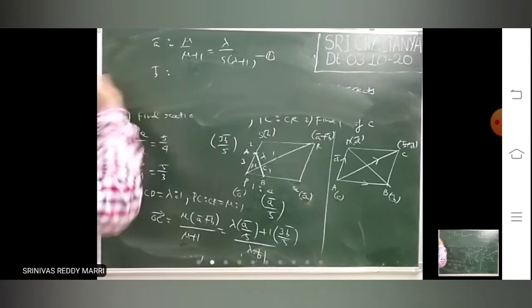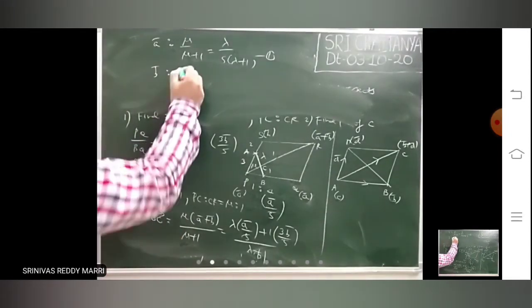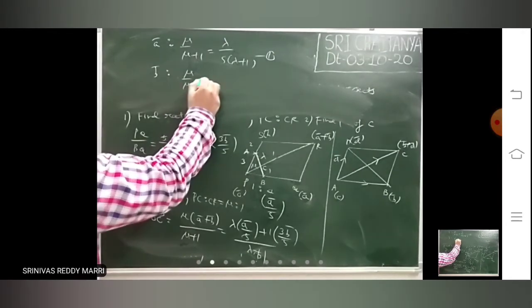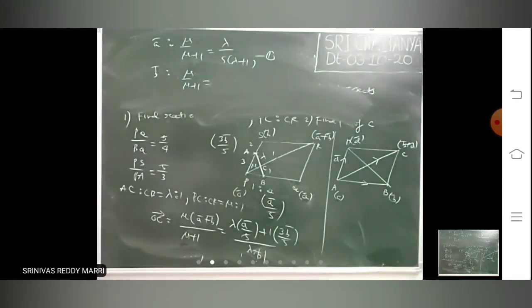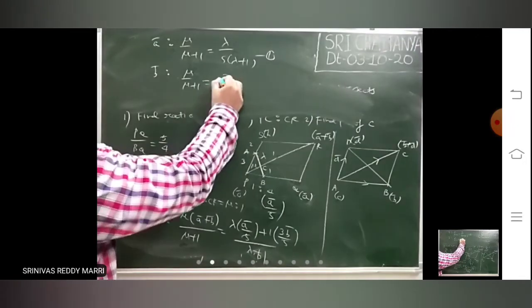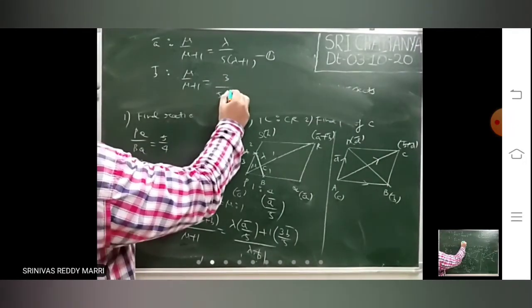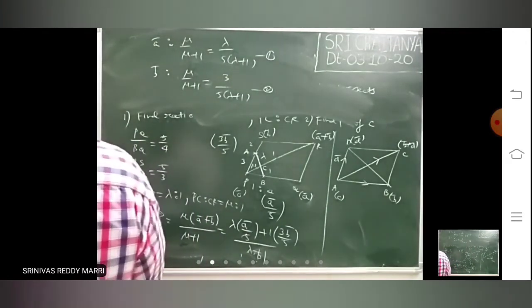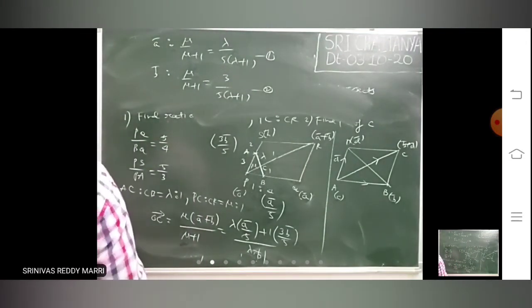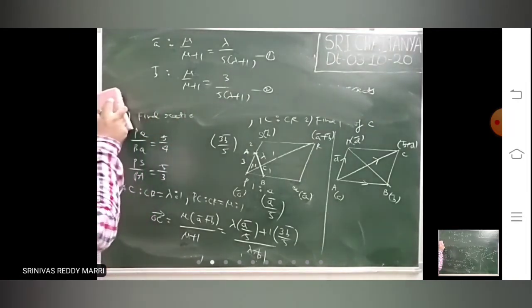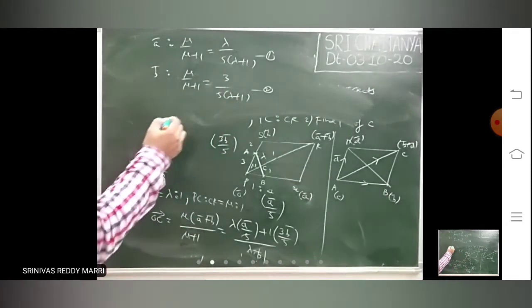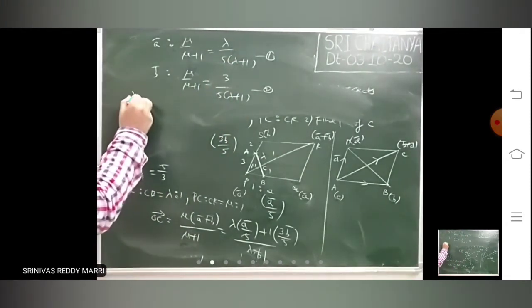Now B bar coefficients on both sides. Mu by mu plus 1 equals 3 by 5 into lambda plus 1. Second equation. Now I want to find the ratio, lambda and mu. So these both are equal.